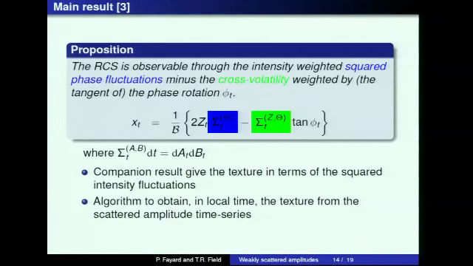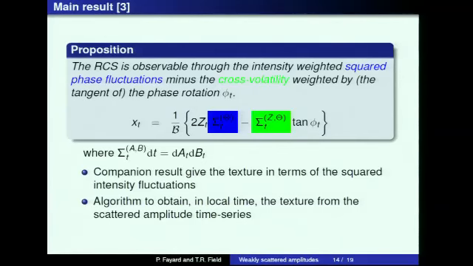If you do a bit more math, you can obtain the following formula. Here, sigma squared theta is the squared phase fluctuations d theta t over dt, and this is the cross volatility between your intensity and your phase. What that formula tells you is that x of t, the texture, is observable through the intensity-weighted squared phase fluctuation minus the cross volatility weighted by the tangent of the phase rotation phi of t.